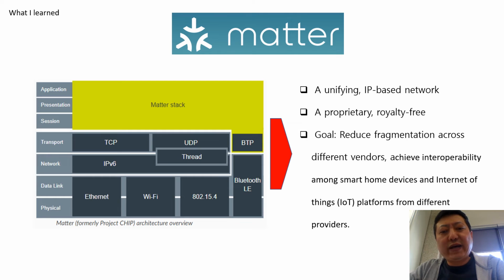The goal of Matter is to be an IoT standard protocol so that smart devices can work across different ecosystems. I found there is still not much new technology involved in getting this Matter protocol live, so I think there is a lot of room to study Matter in the future.